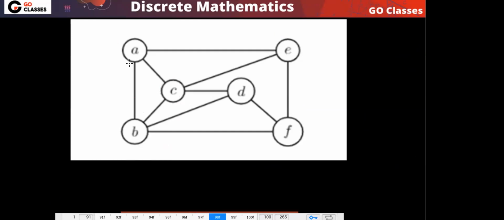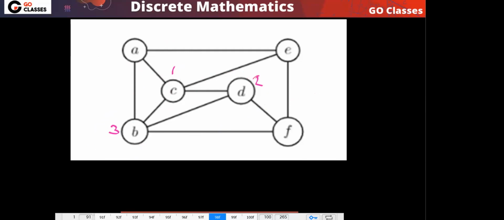Very important point you notice here. This is a triangle. So can I guarantee at least 3 colors? Because this is a triangle, I can guarantee they will get different colors. This guarantee I can give.